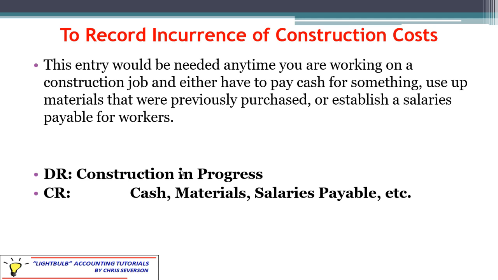So you debit this, what we'll just call an asset, if you will, and you credit the cash if you're paying cash, you're crediting materials if you're using up materials, you might be crediting salaries payable if you're recording labor costs. So this credit, you'll need to look at what cost you're talking about.